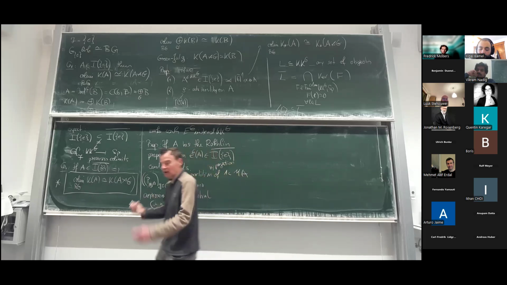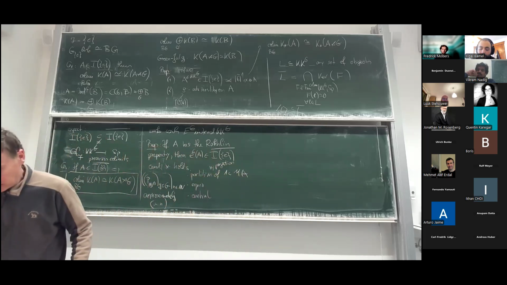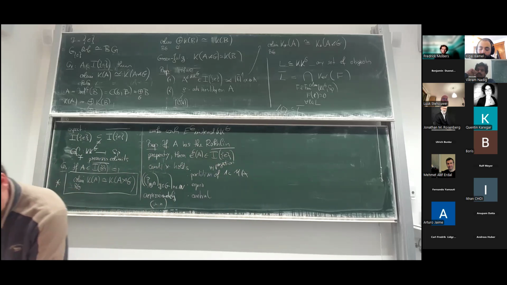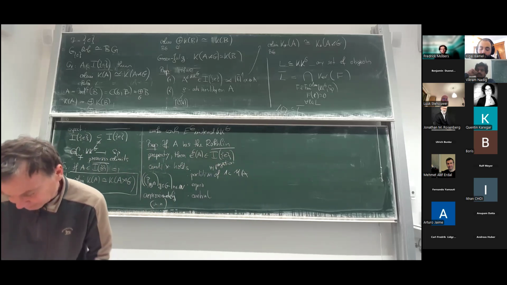Everything in the limit for large n. And this is the Rochlin property. So this is one thing one can show.